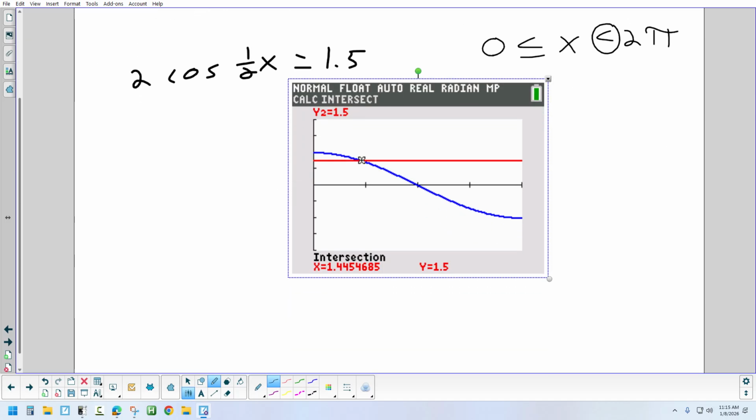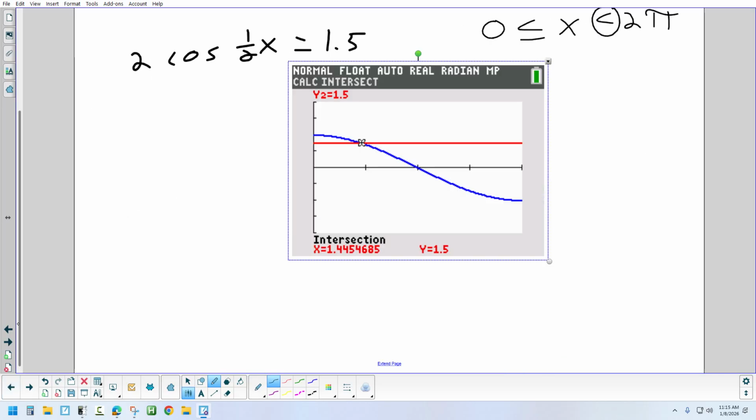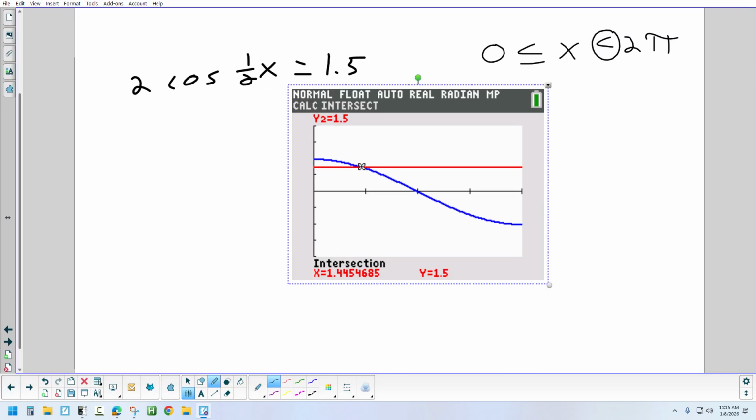Any question on that one? These are kind of all the same. You just put 1 in y1, you put 1 in y2, and then you see where they cross. This is exactly the same problem again. How would you write the answer? Just like the coordinates? You write it exactly like that.